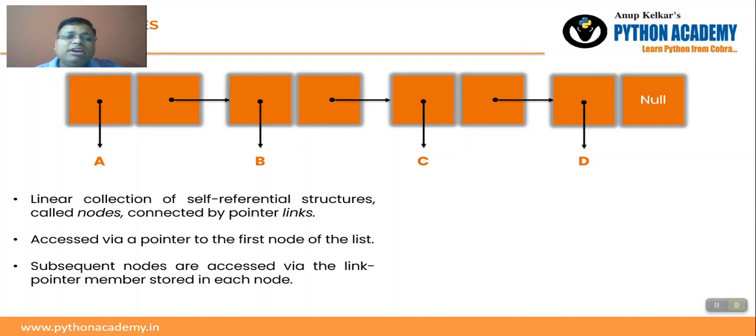For example, as we have seen, we have 4 nodes. The data of each node is A, B, C and D. The ID or link of node B, the second node, is stored at the second part of the first node.